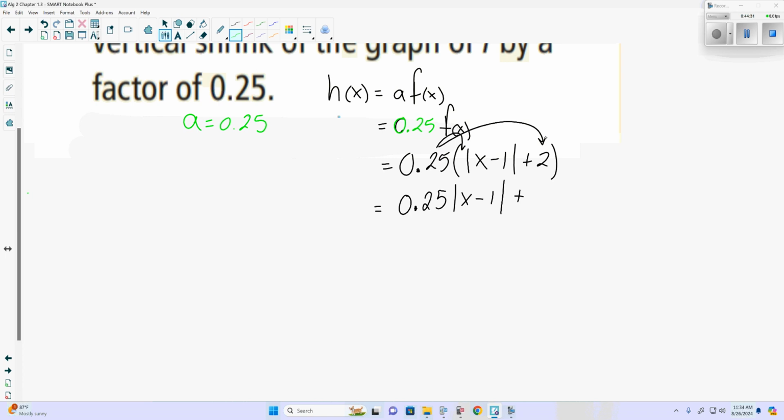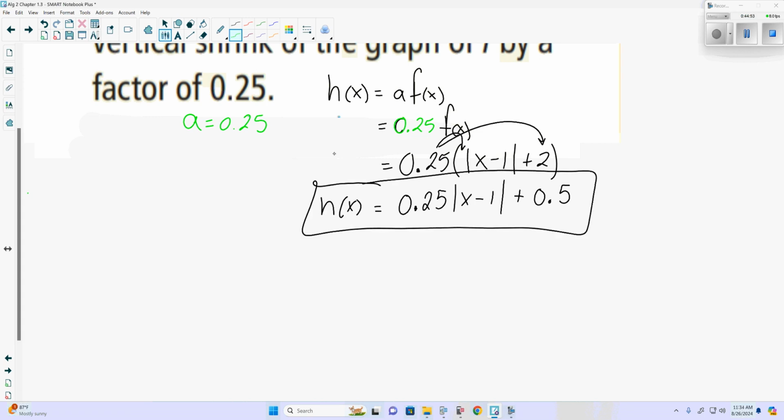Then 0.25 times 2, or 2 of our 25s, gives us 0.5. And that's it. That's all we have to do for this here. Questions on any of this here?